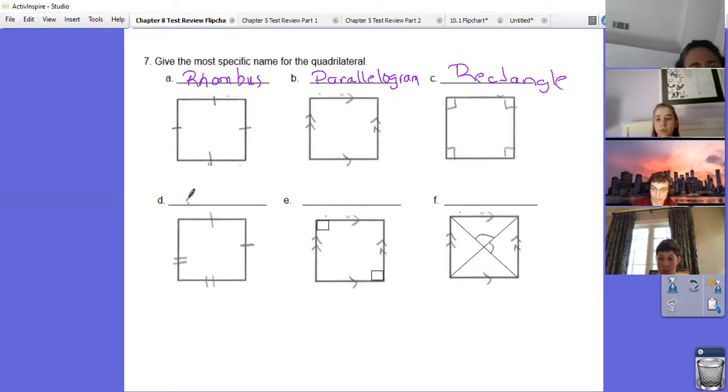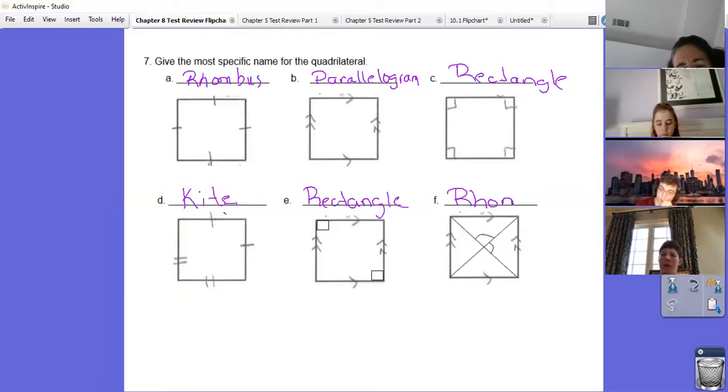And then this would be a kite, because you have two pairs of consecutive sides congruent. And then E is another rectangle. And then F is a rhombus, because these two angles are congruent, and if they're a linear pair, they both have to be 90, which means it's a rhombus.